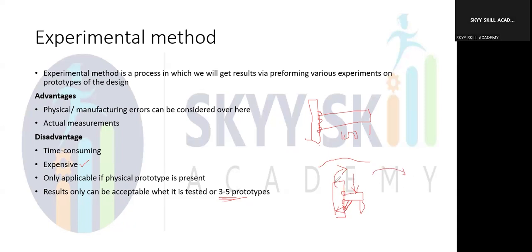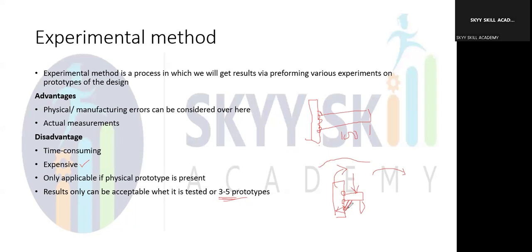Then again you got to know that the material you are using is the problem. Then again you have to go back to the designing. Over there you change the material, or you can say manufacturing, again manufacture another chair by changing that material. Then again you have to go to your experimental method. Over there again you got another problem, that the stiffener you need also needs a different material. So it is going to be very, very time consuming and very, very expensive for us, and the design cycle is not optimized.